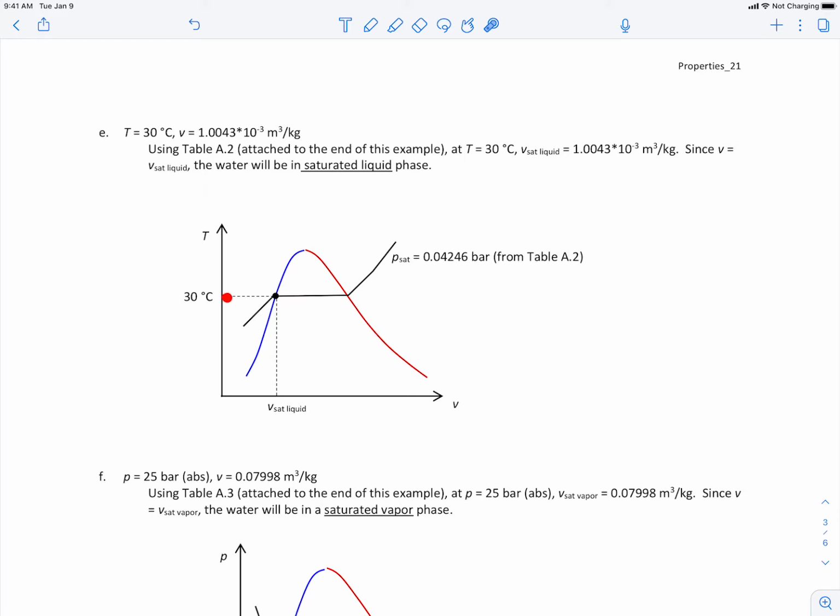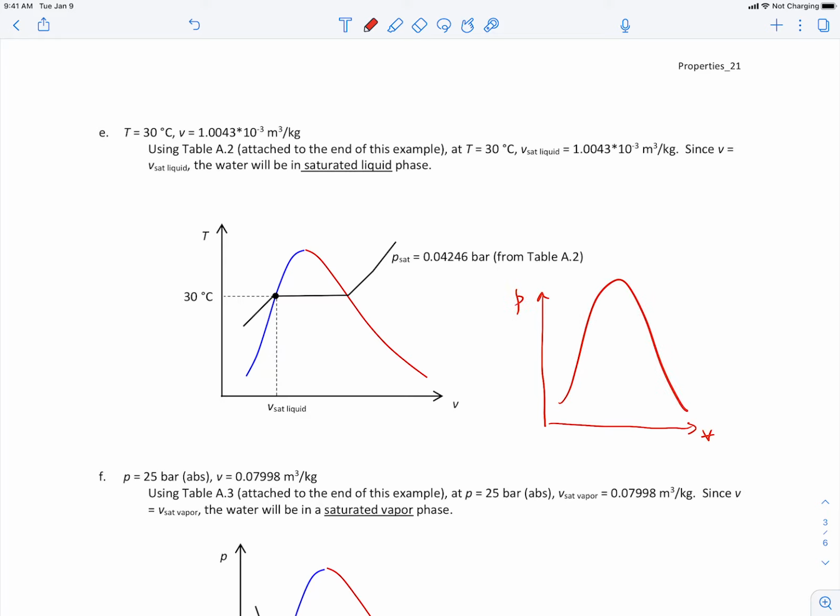Here we are at 30 degrees C. Here's our isobar corresponding to the saturation pressure. All right? And our specific volume is right there. That's the 1.0043 times 10 to the minus 3. So we're right there on the saturated liquid line. And if you wanted to see that one on a PV plot, it looks much the same.